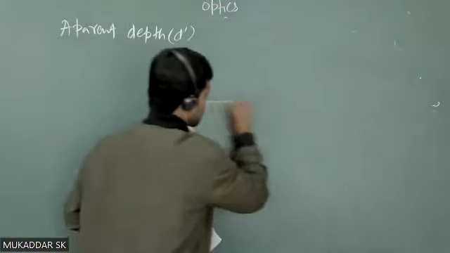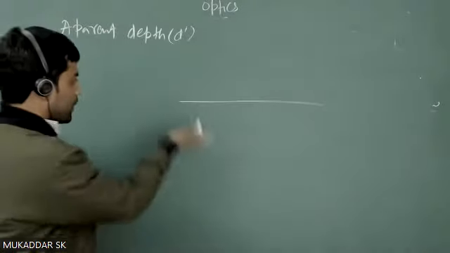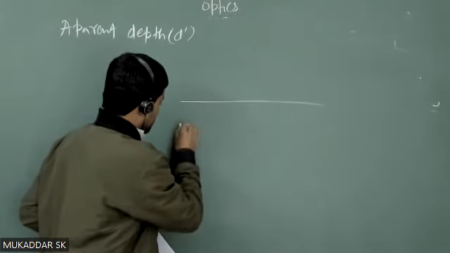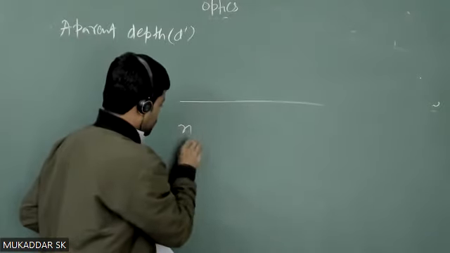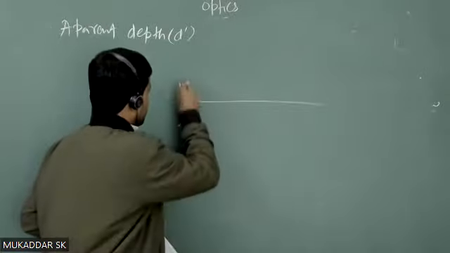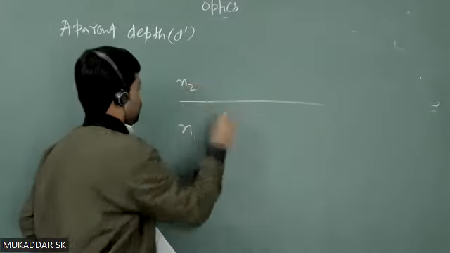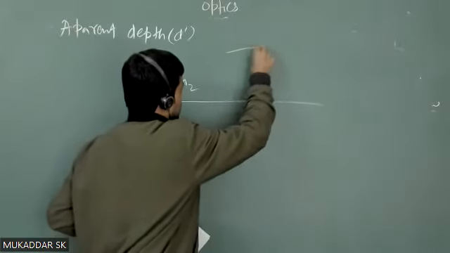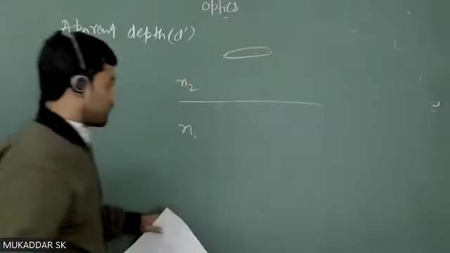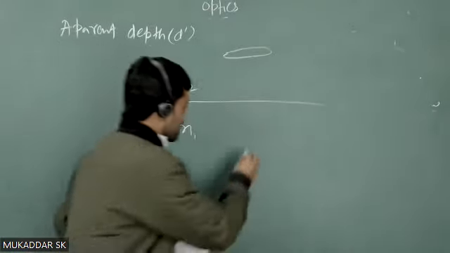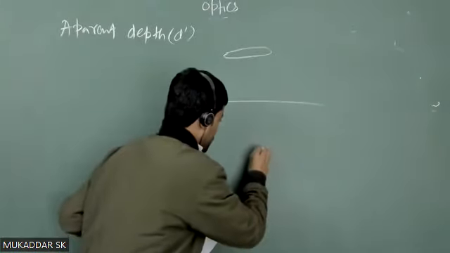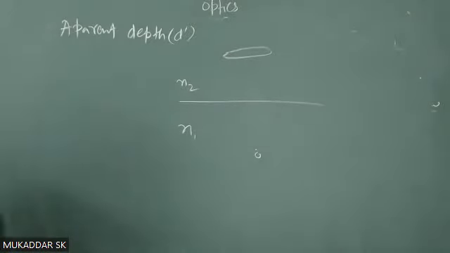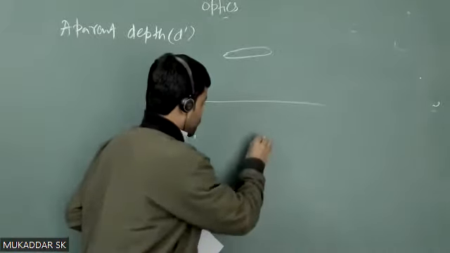Suppose you have two media and that is separated by an interface. Okay, let us assume the refractive index of this medium is n1, and refractive index of this medium is n2. You are sitting here in medium 2 and your eye is like this. A point object O is kept in medium 1, and its actual depth is from the surface.